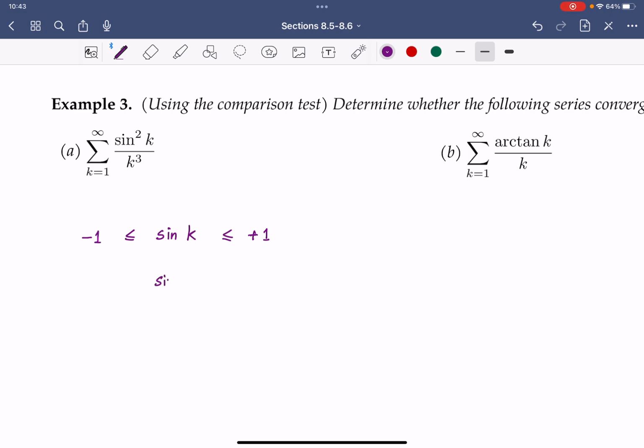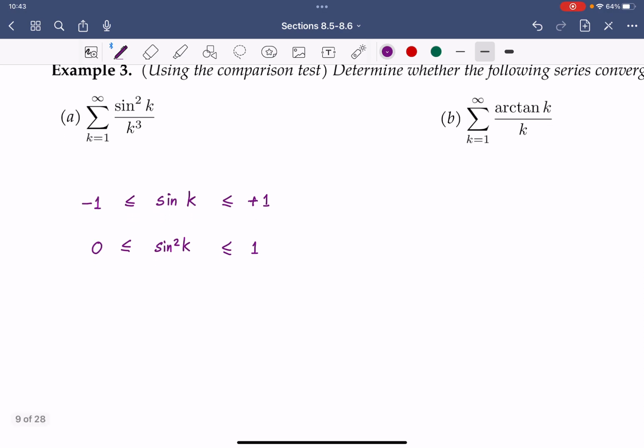That means when you have sine square k, this is going to be bigger than or equal to 0 and less than or equal to 1, because you square it. So it's going to be between 0 and 1. And then now if you start from sine square k and you divide it by k cube, you have to do it all the way from the left to the right hand side.